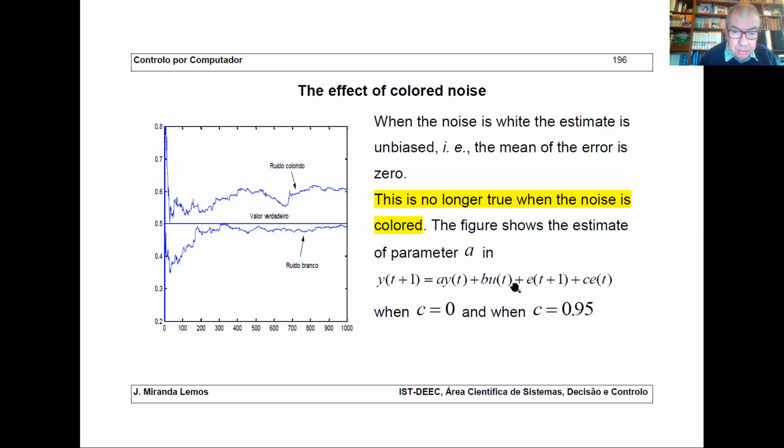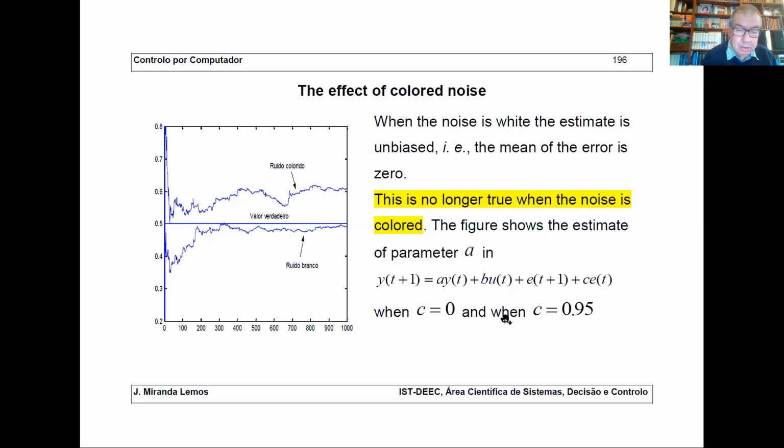One possibility might be that we could estimate this parameter C. But we have a problem because we don't know E. If we had access to the noise E, we could have enlarged the vector of parameters to estimate, being not only A and B, but A, B, and C. Of course, our regressor phi would be Y of t, U of t, and E of t.